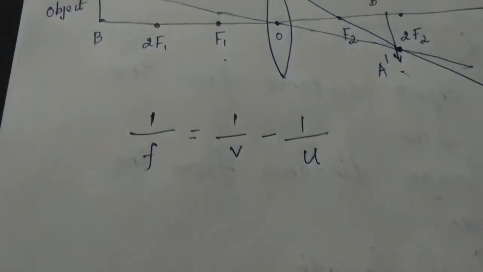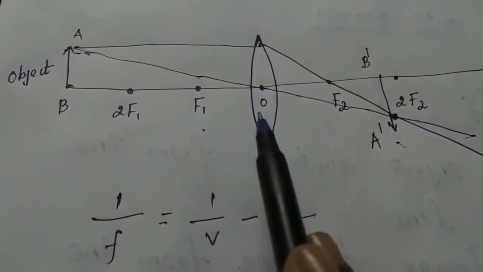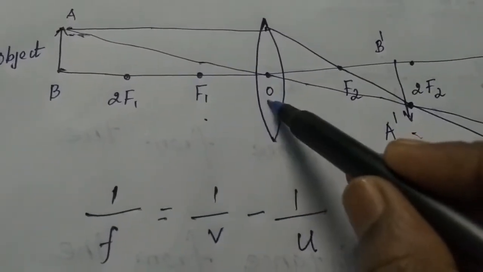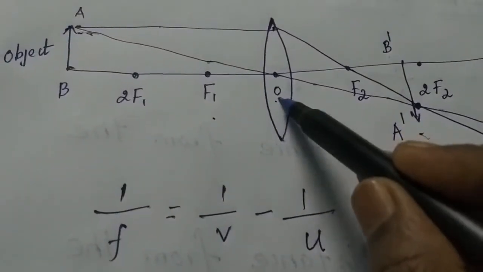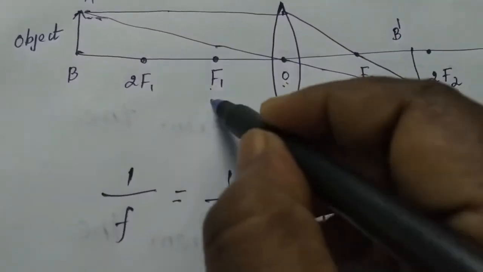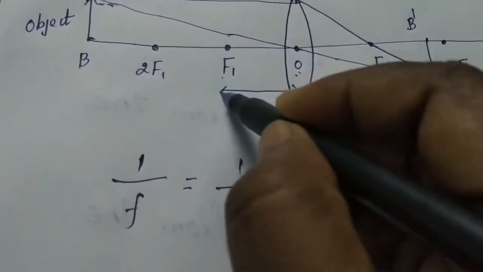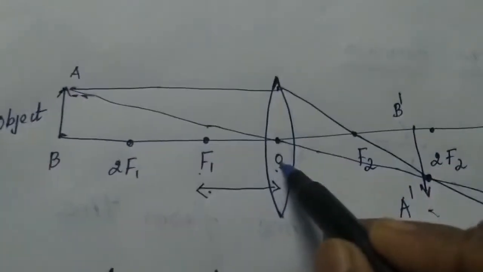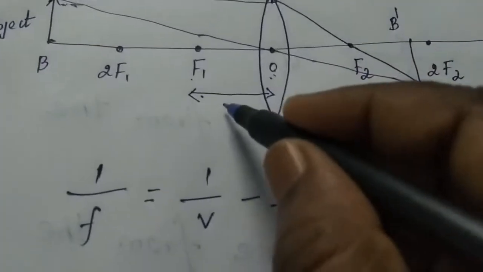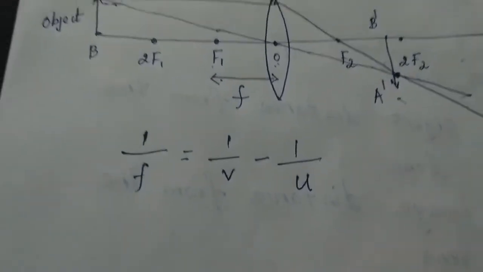So what will be the f here? f is the distance between the optical center O and the principal focus F, and that is called the focal length.